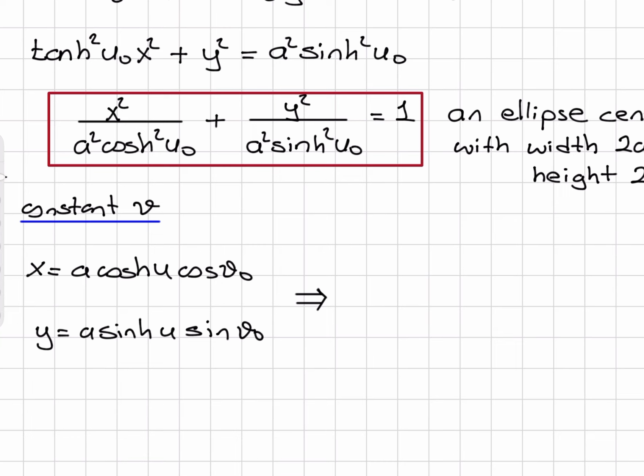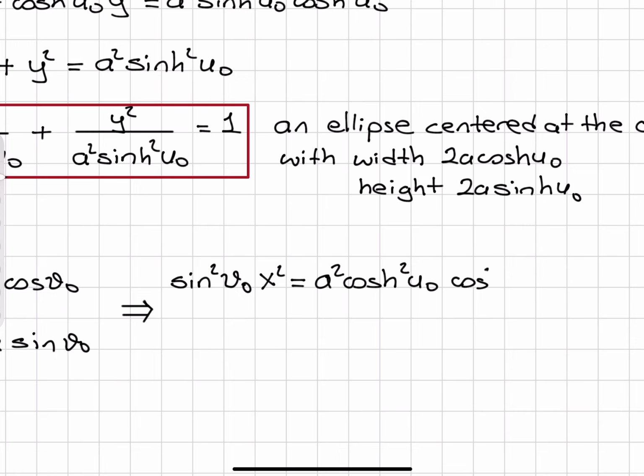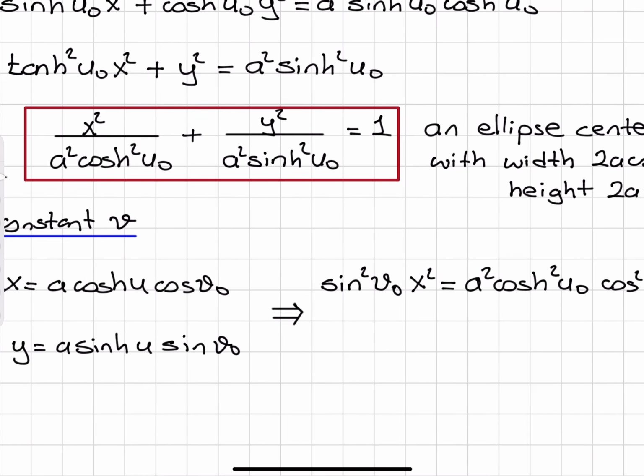So for constant v equal to v0, I get sin square v0 x squared is equal to a square cosh square u cos square v0 sin square v0. And for the y equation, I'm going to multiply the square of it with cos square v0.